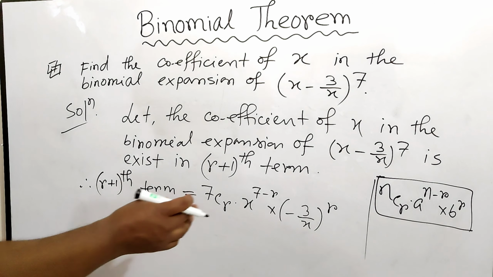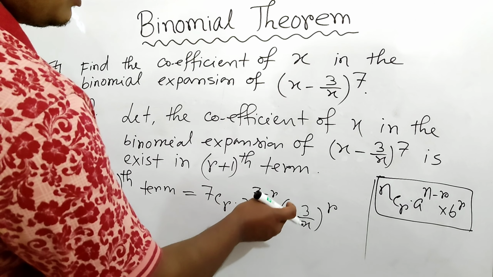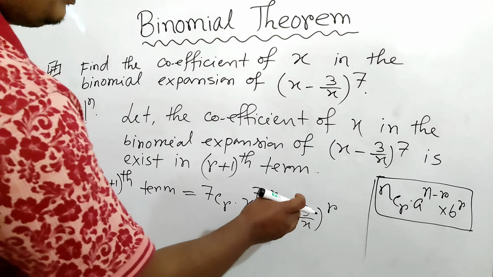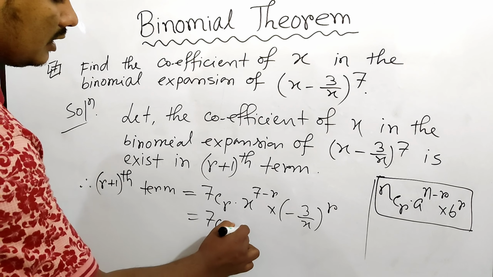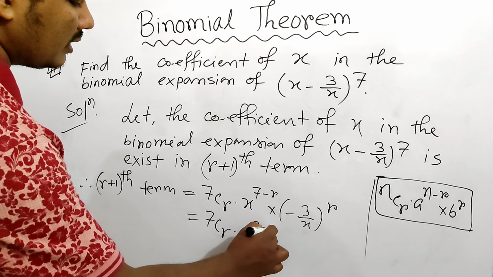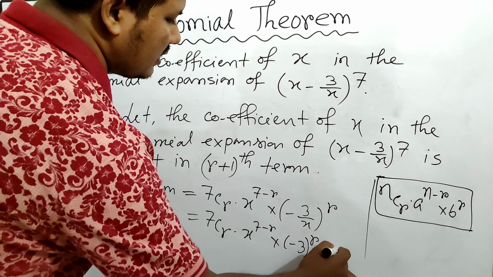Now do some working out and take all the powers of x together. Then it should be 7Cr x to the power 7 minus r multiplied by negative 3 to the power r, or you can say x inverse r.